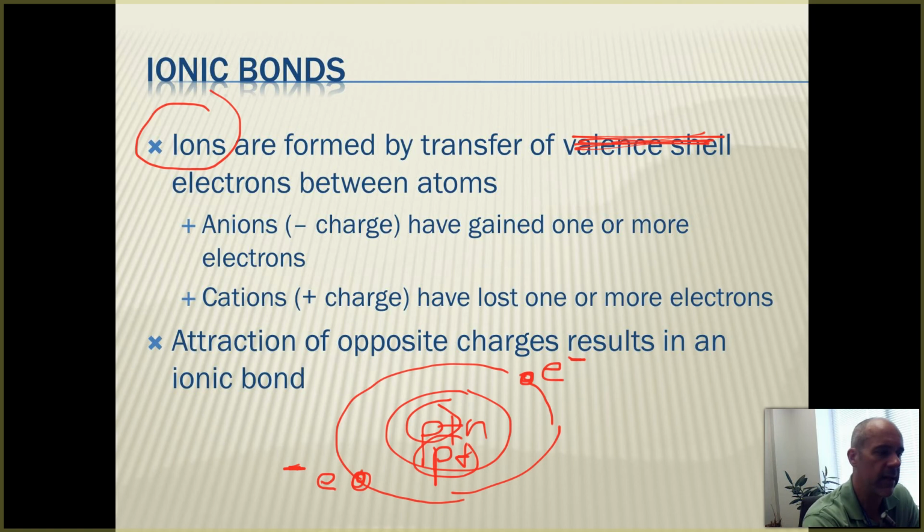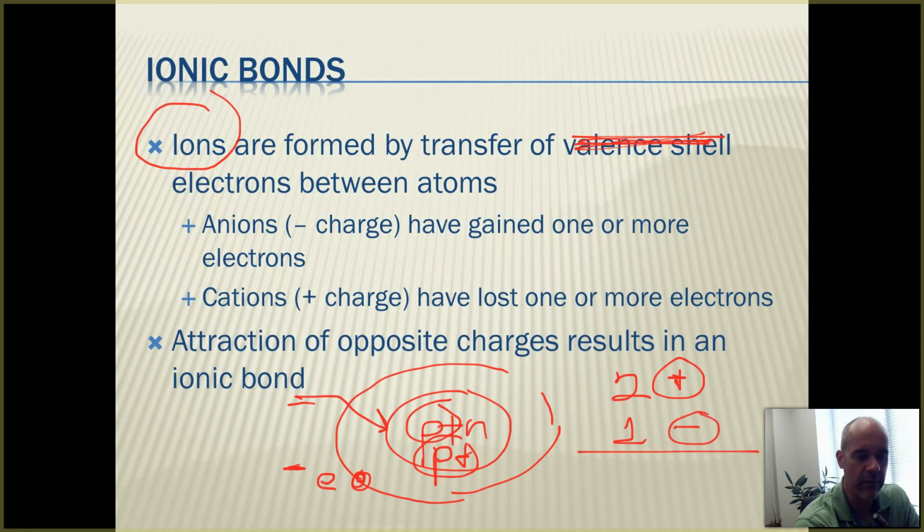All right, but let's say this atom loses an electron. Now what do we have? You have 2 positive charges in the nucleus, and you have 1 electron. So you got 2 positives and 1 negative.